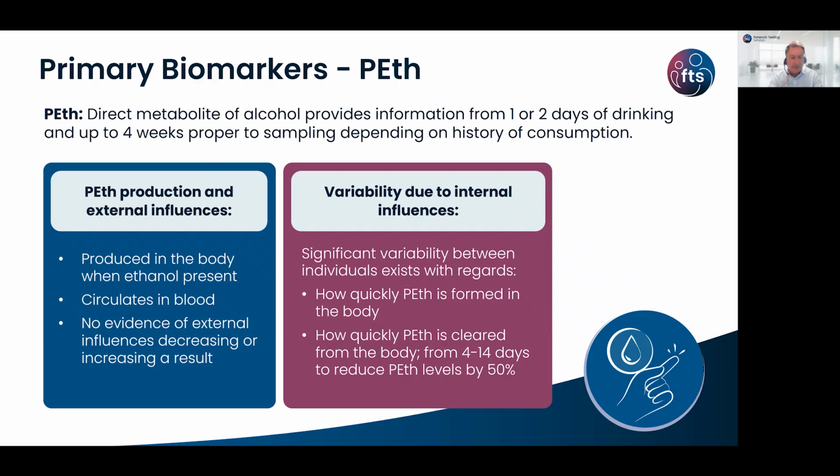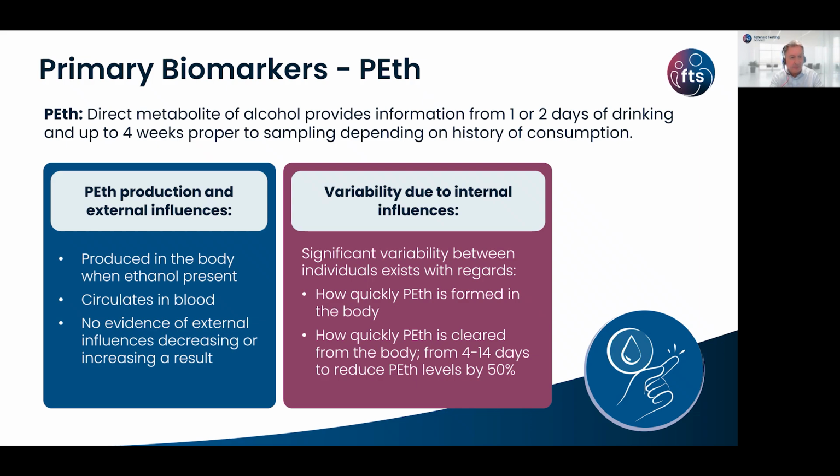So let's have a look at PEth. This is a direct metabolite of alcohol, and it can provide information from 1 to 2 days of drinking and up to about 4 weeks, depending on the history of consumption, which we'll go into in a second. So it's only produced in the body when ethanol is present, or therefore when alcohol has been consumed.